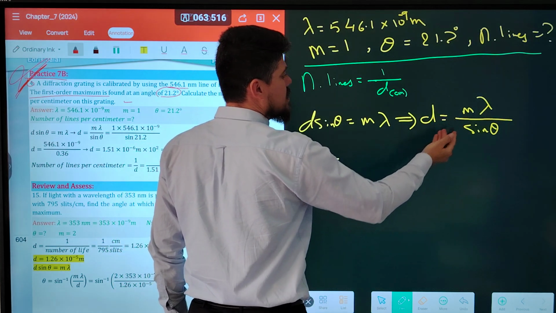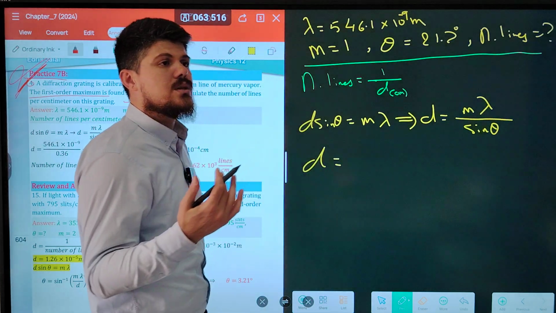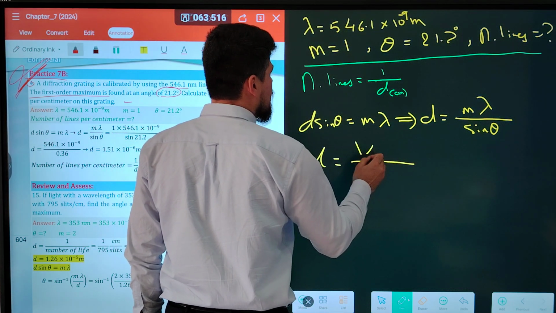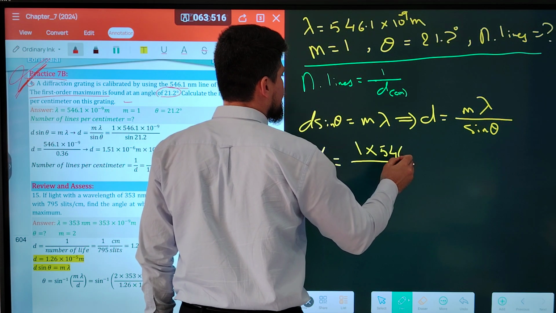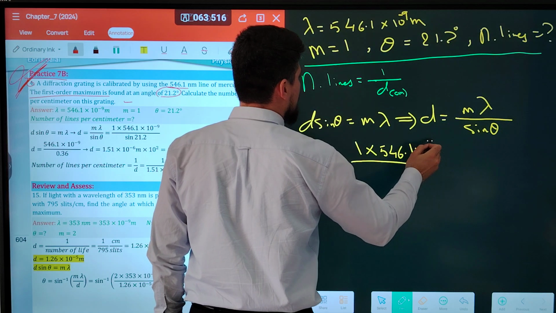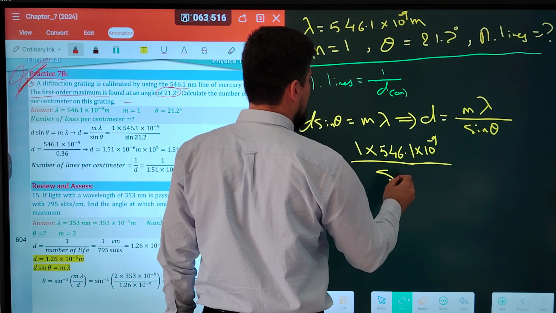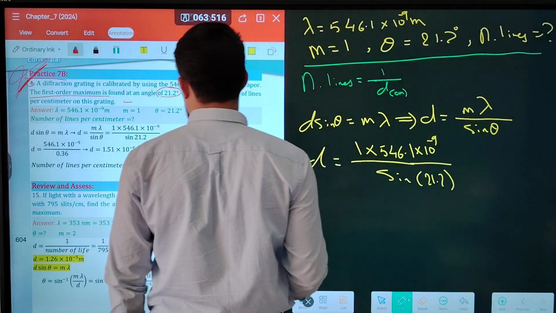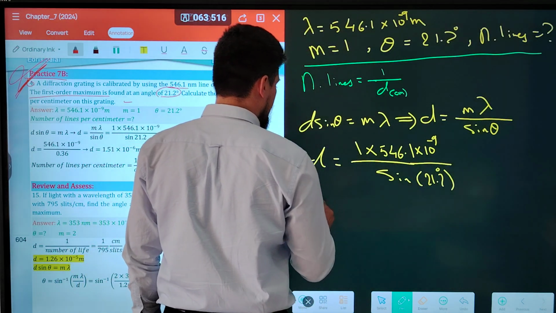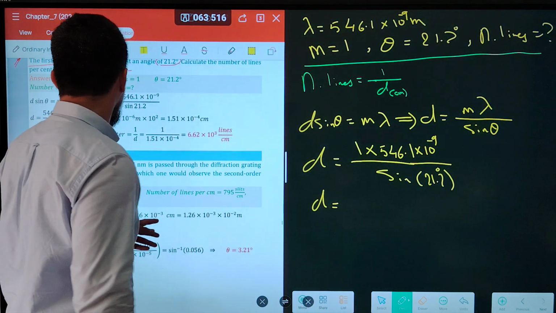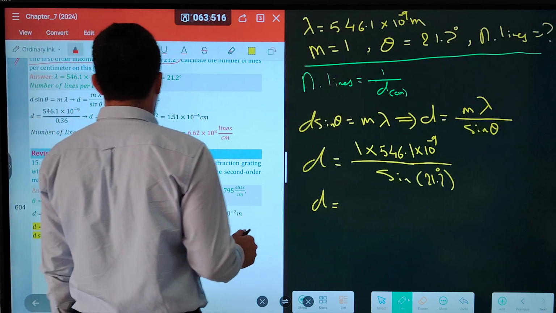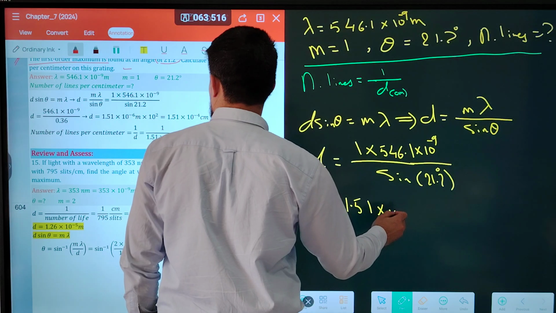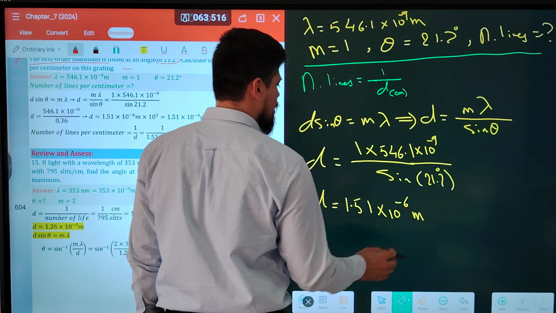When you find d in this equation, the result is in meters, but you have to convert to centimeters. M is first order, lambda was given, 10 to the power negative 9, over sine 21.2. d is equal to what? On my calculator, I got 1.51 times 10 to the power negative 6 meter.